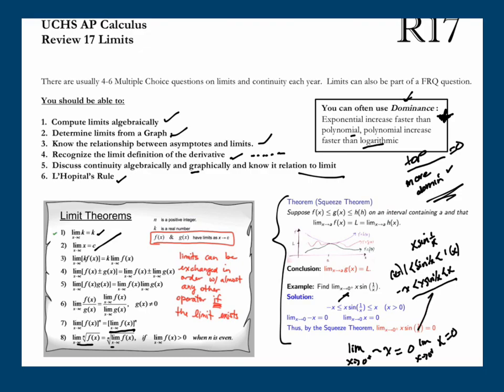So if this function is between those two, then the limit as x goes to 0 of x sine 1 over x equals 0. I don't mean left and right limits, I mean the left-hand side and right-hand side of the squeeze theorem. All right, so you can look back in your notes on that, and we'll probably have some examples.